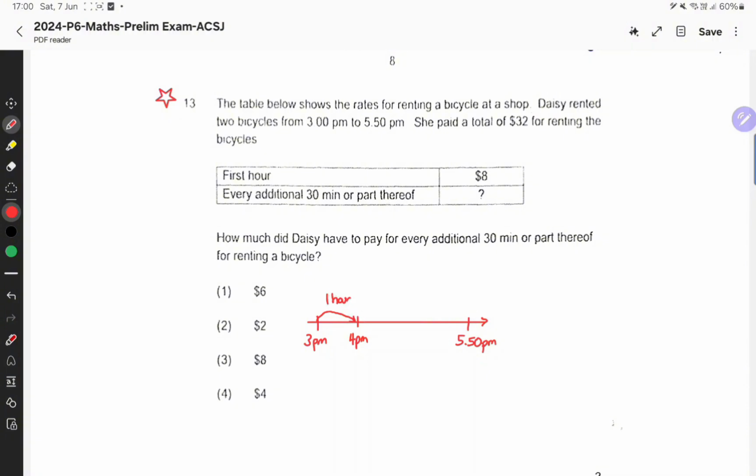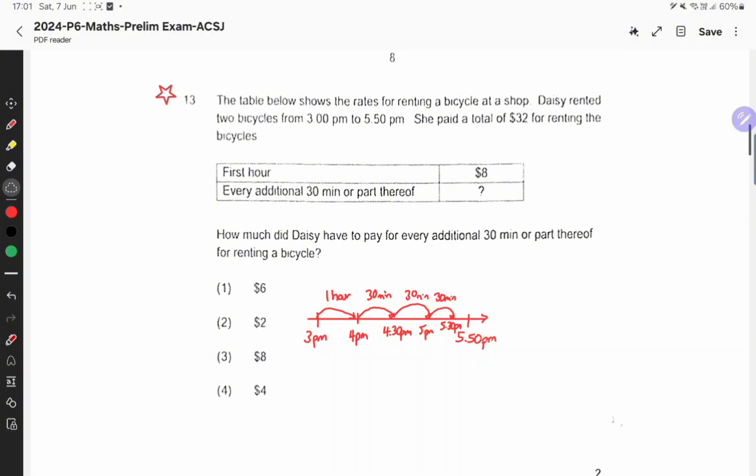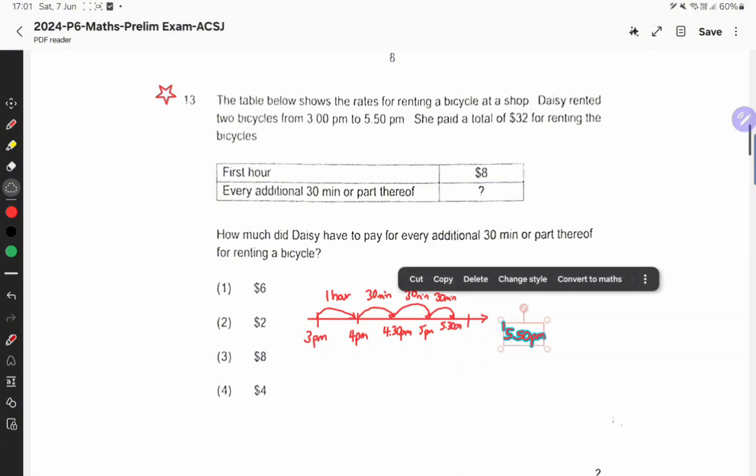The next is every 30 minutes, so 30 minutes later is 4:30 p.m., and then another 30 minutes is 5 p.m., another 30 minutes is 5:30 p.m. Let me shift my values a bit.